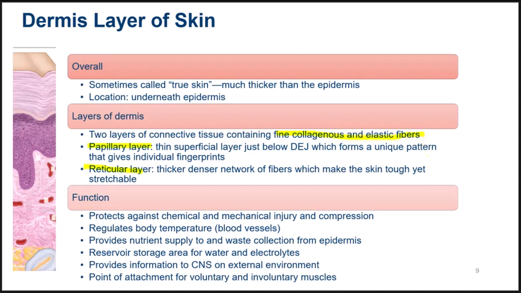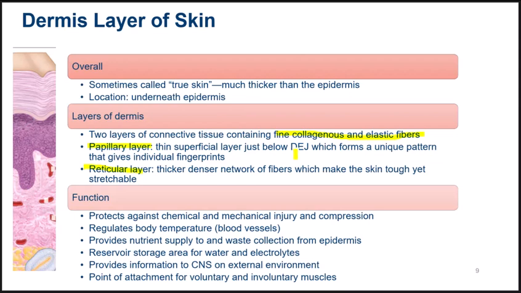Now looking at each of them independently for a moment, the papillary layer is a thinner layer than the reticular layer that's found beneath it. And it's found just below that dermo-epidermal junction that we spoke about before.